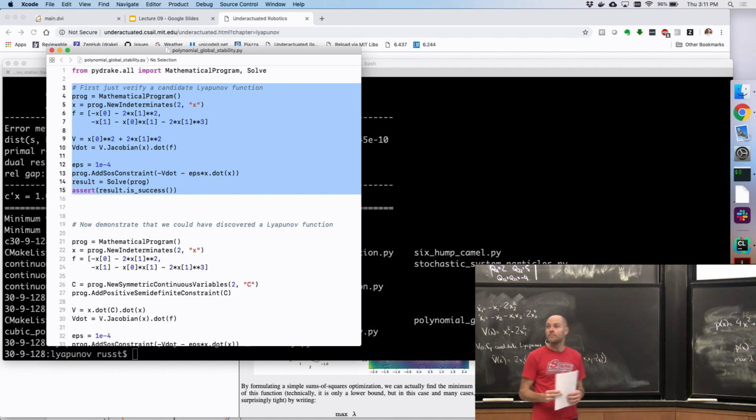Yes? Sorry, what are the decision variables in that? If x is indeterminate. Right. Really good question. Let me put it back to you guys. What are the decision variables in that problem? I didn't add any decision variables, it looks like, right? Why do I even have to solve anything?